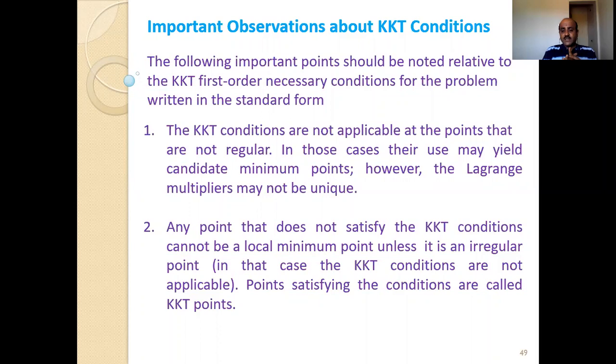The points satisfying the conditions are called KKT points. In the sense, any point that does not satisfy KKT conditions cannot be a local minimum point. It cannot be. If it does not satisfy the KKT condition, that cannot be a local minimum point unless it is an irregular point. Therefore, the points satisfying the conditions are called KKT points. Please remember all these points.